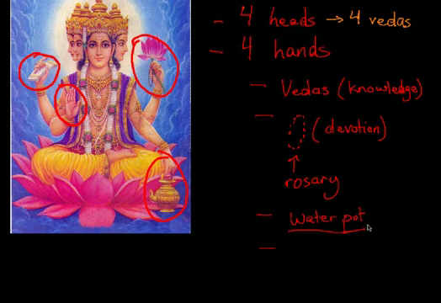So Brahma, you'll always notice, has 4 arms, 4 heads, and is sitting on a lotus. And you also notice that he has these crowns, the crowns representing that he is the supreme god of creation. He's kind of like the king, the main player in that aspect.